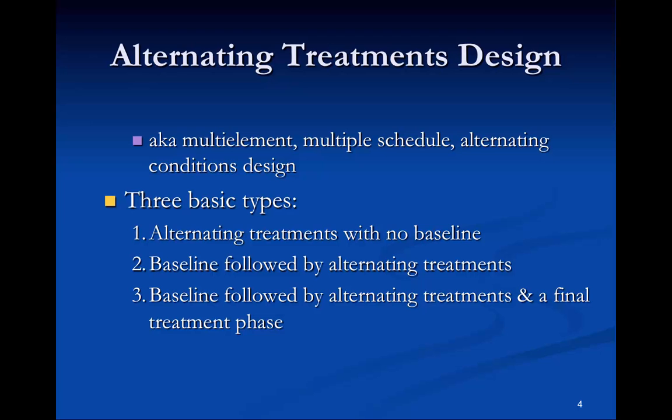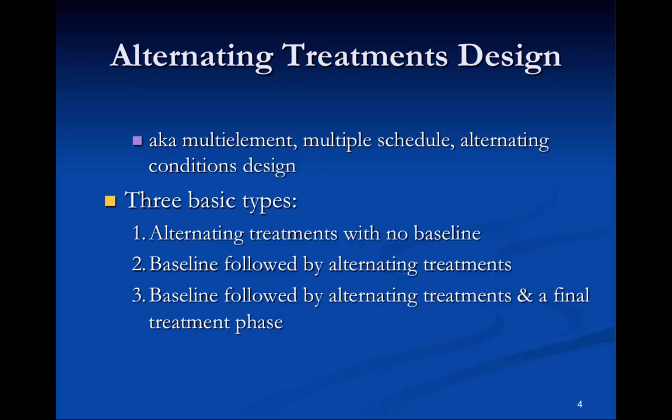However, an alternating treatments design with no baseline, particularly if you include a baseline condition in the alternating treatments as one of the alternating treatments, certainly demonstrates a functional relationship. It controls for extraneous variables, so it's a good design. But it could be stronger, just like with the reversal designs.